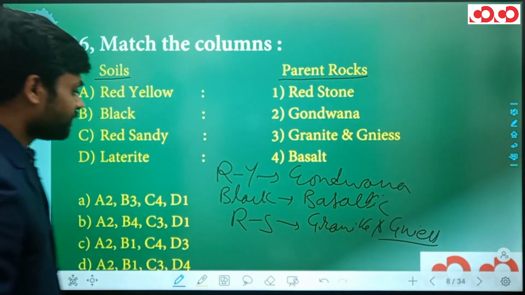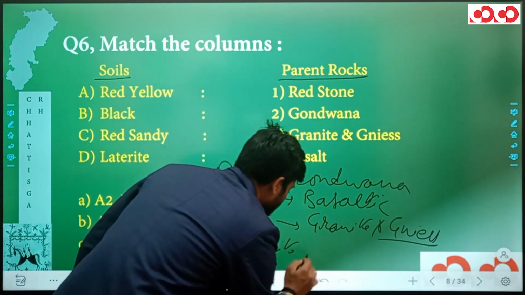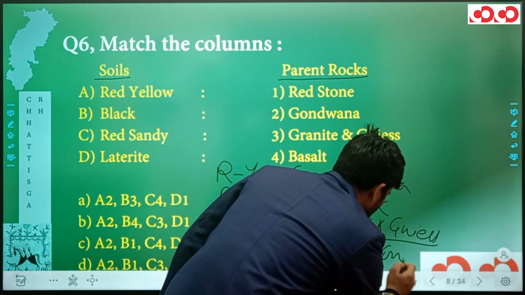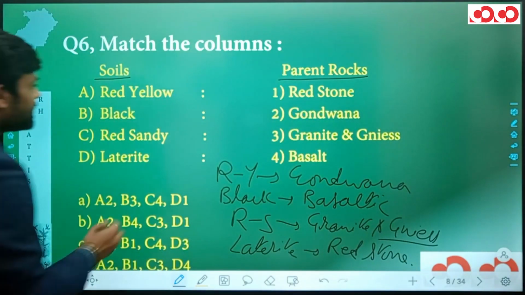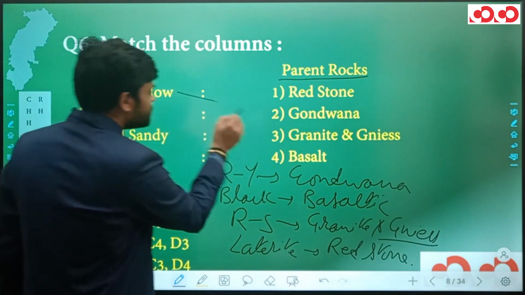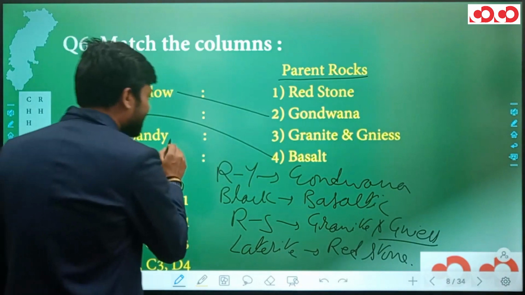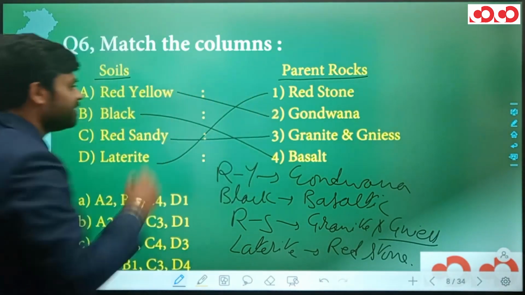And finally, the parent rock of laterite soil is red stone. Now matching the columns. This red yellow soil can be matched with Gondwana. Black can be matched with basalt. Red sandy can be matched with granite and gneiss, and laterite can be matched with red stone.